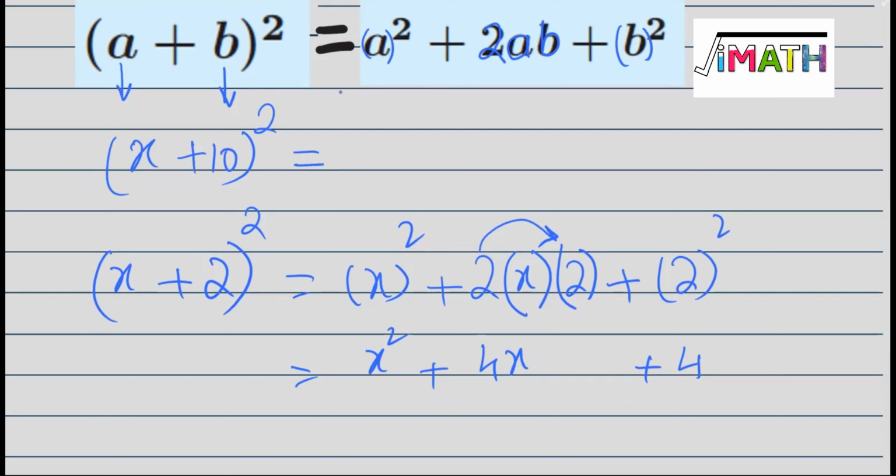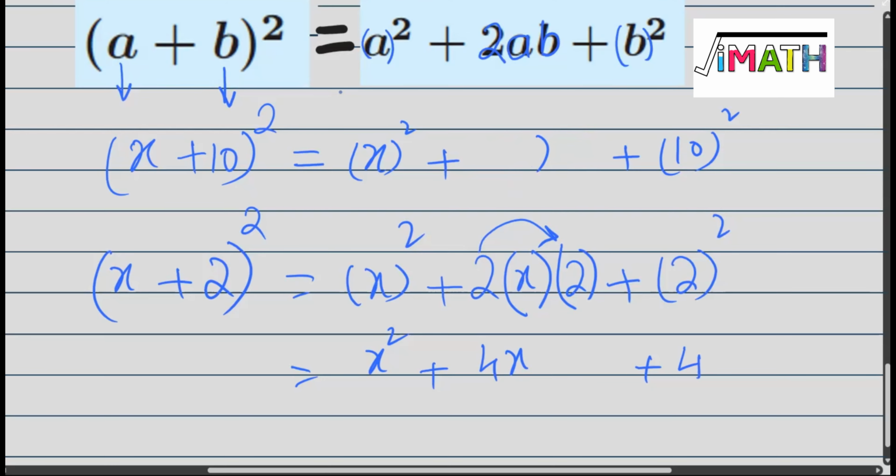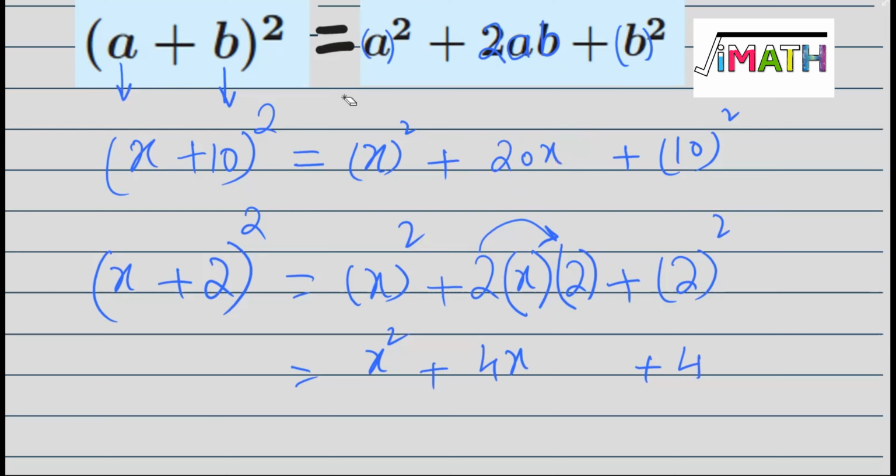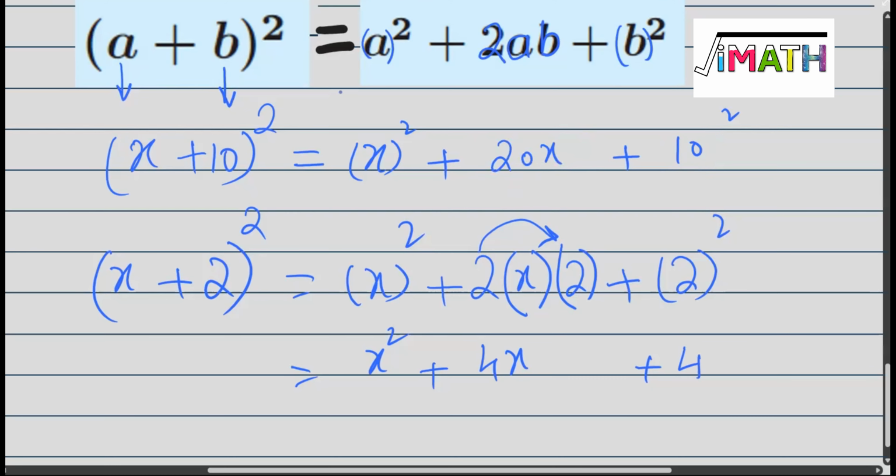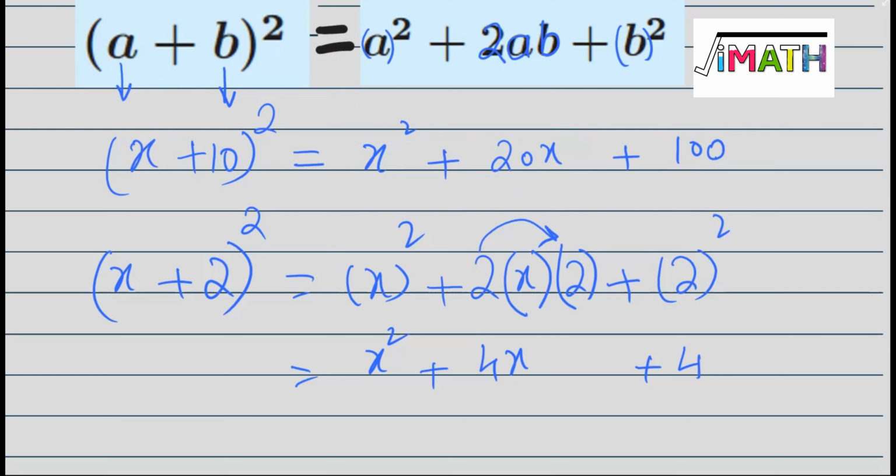So you'd have x squared, and on the other side 10 squared, and in the middle 2 times x times 10. Simplify that: x squared plus 2 times 10 is 20x, and then 10 squared is 100. Perfect.